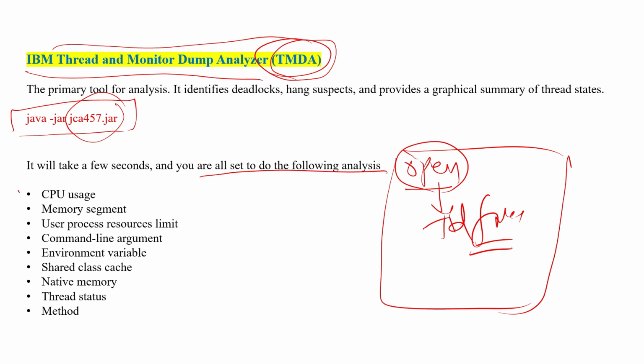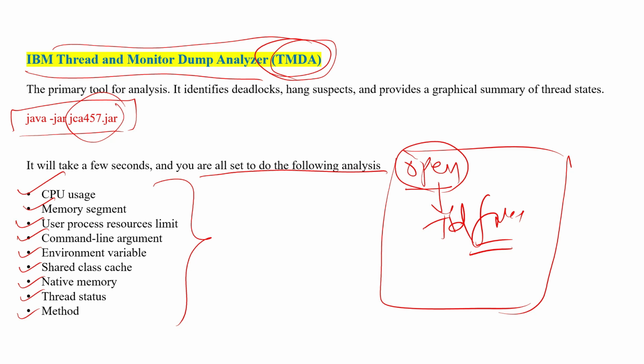Then it will take a few seconds, and you are all set to do the following analysis: CPU usage, memory segment, user process resource limit, command line argument, environment variable, shared class cache, native memory, thread status, method. That means inside the particular JVM when you take the thread dump, there are multiple things happening. It captures a snapshot of each and every sub-component executing requests inside your JVM at that moment.